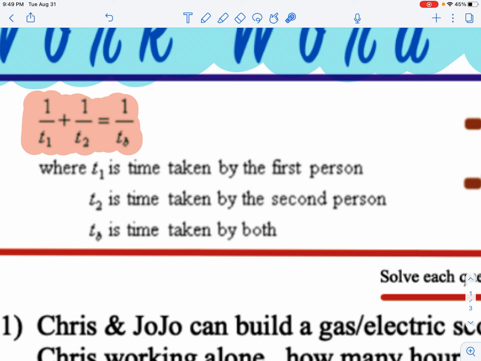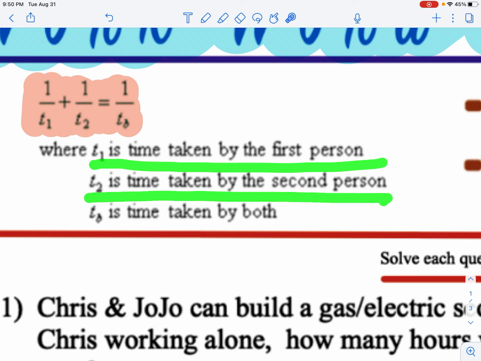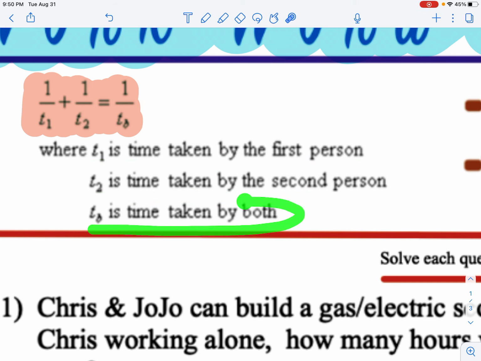Now, we'll see how that changes when we are dealing with 3 people working together. It's going to be 1 over T1 plus 1 over T2 plus 1 over T3 is equal to 1 over T4, the time together. But we will get there when we get there. And again, T1 is the time taken by the first person, T2 is the time taken by the second person, and T3 is the time taken by the 2 people together.